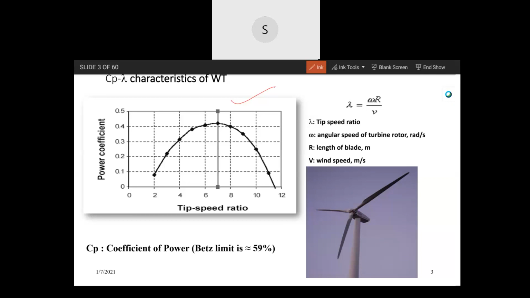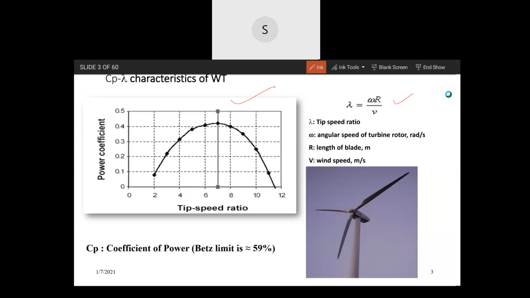Power coefficient means the power conversion efficiency of the turbine, and tip speed ratio is defined here as lambda = omega R / V, where omega is the angular speed at which the turbine rotor is rotating, in radians per second, and capital R is the length of the blade.